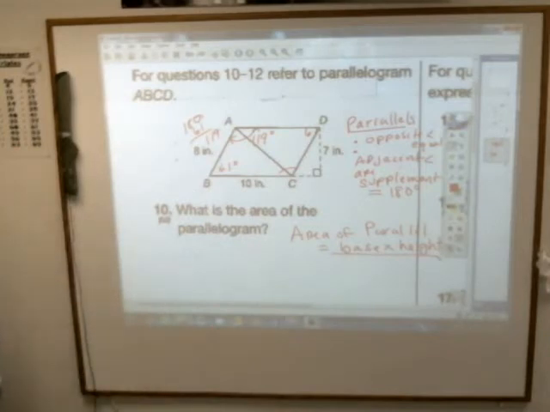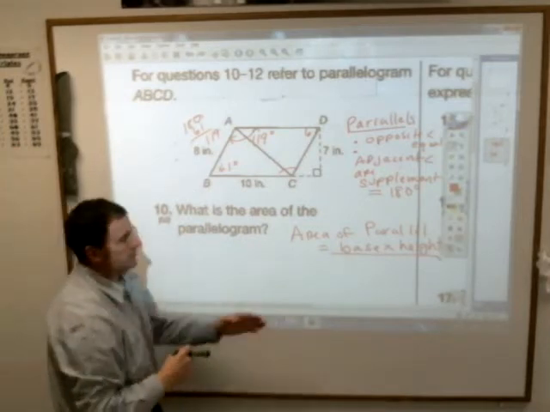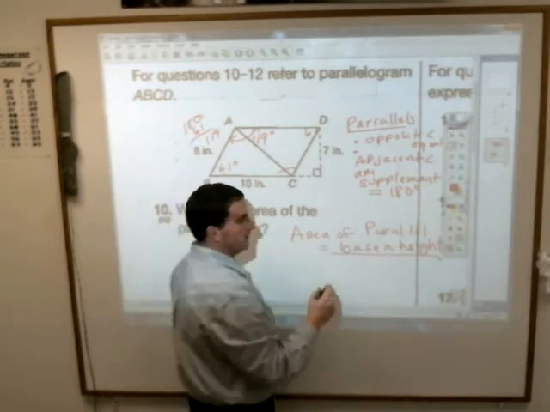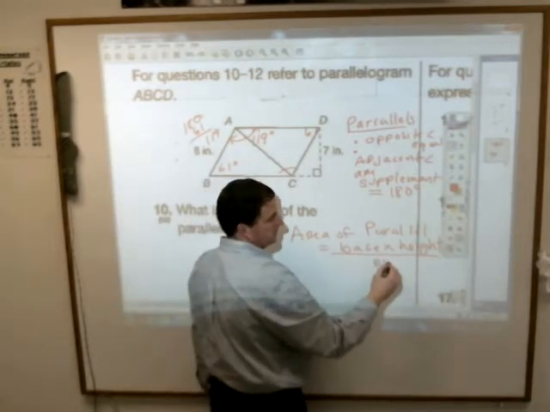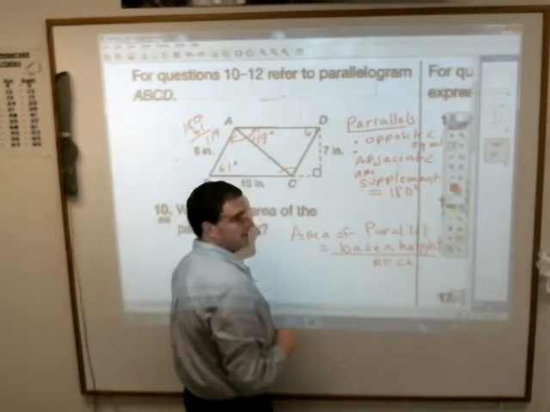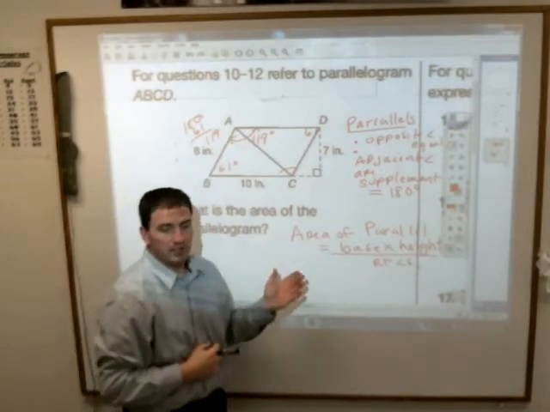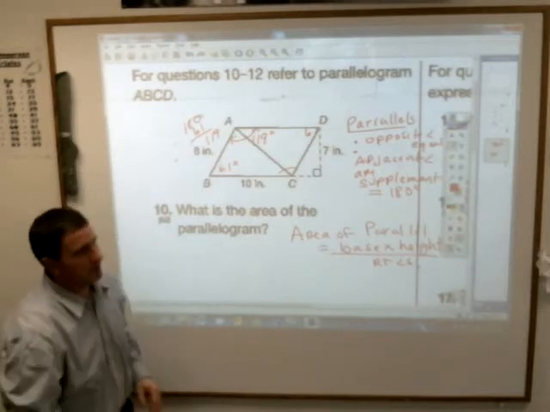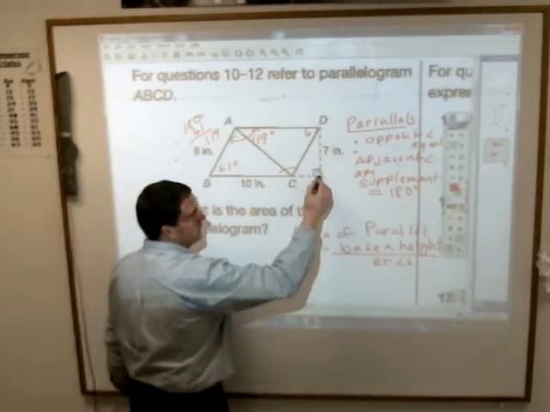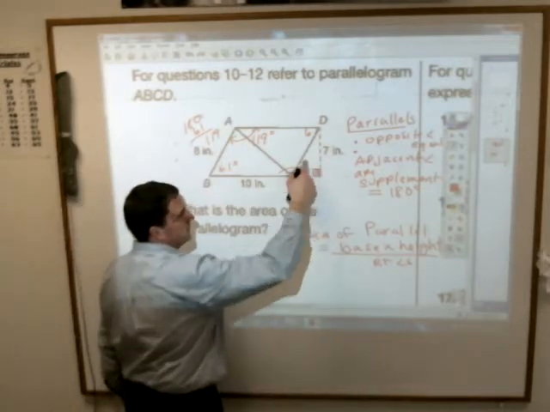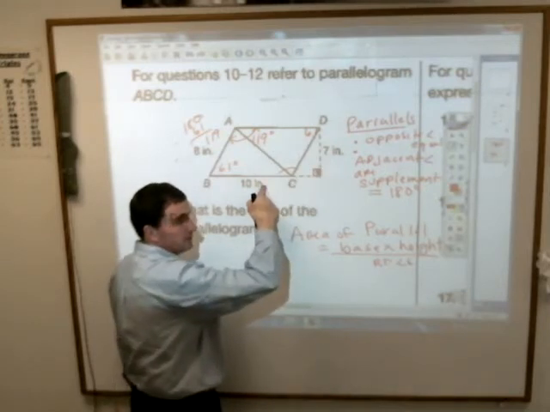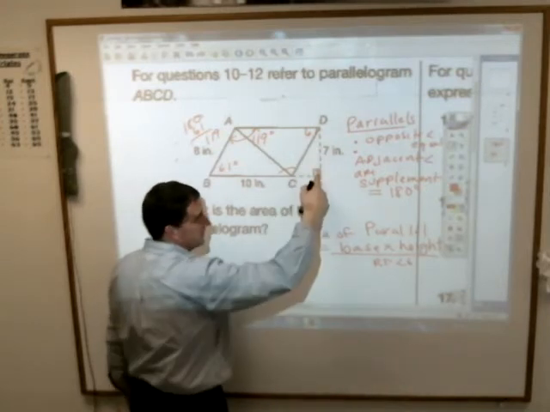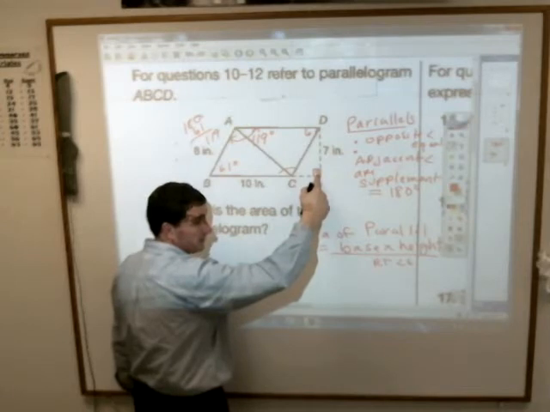And the thing with base and height is that in order for something to be a base and something to be its height, they have to form right angles. So if you're asked to find the base and the height of a shape, the first thing you look for is that little square that the book will put when it's a right angle. And as I look, here's my little square. That means this number and this number are the base and the height. It doesn't matter that this line isn't even part of the thing, it's still the height.